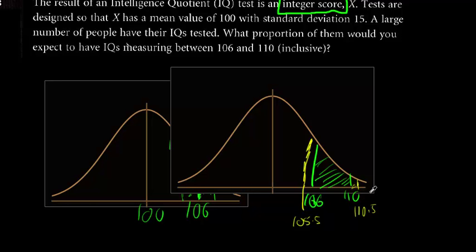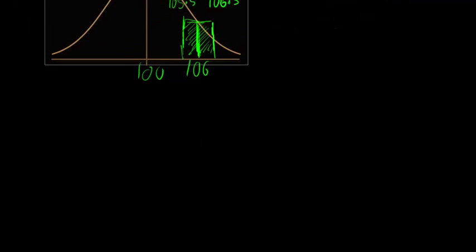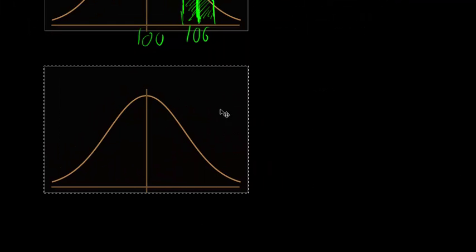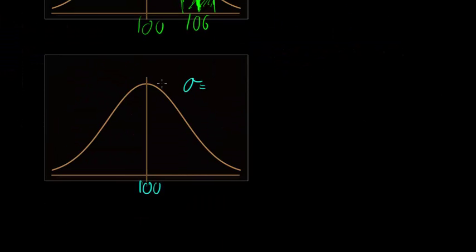So for my diagram, if I actually do this question, I'm looking for IQ tests with a mean of 100 and a standard deviation in this IQ test of 15, and I want to find 105.5 to 110.5.